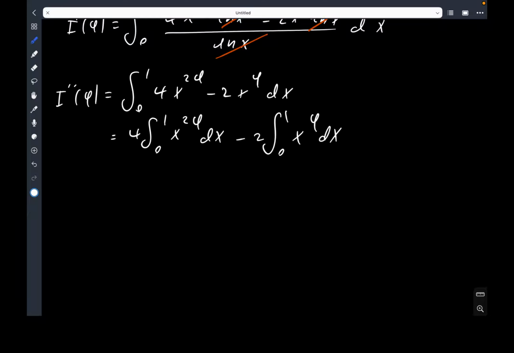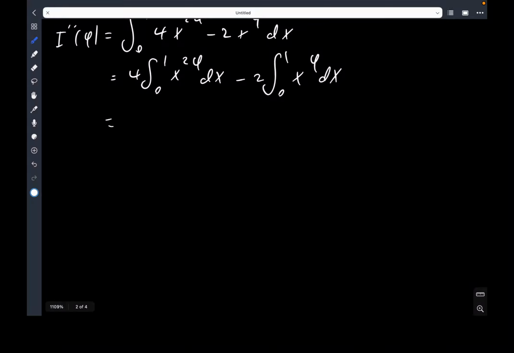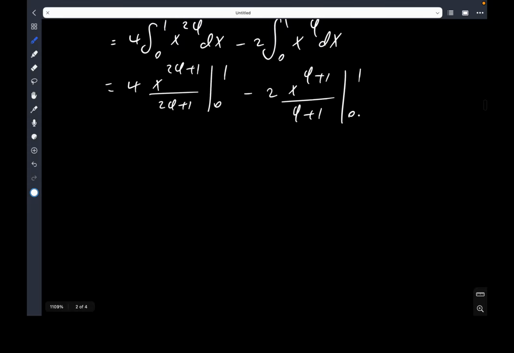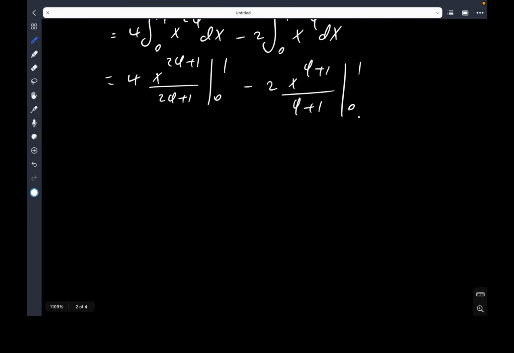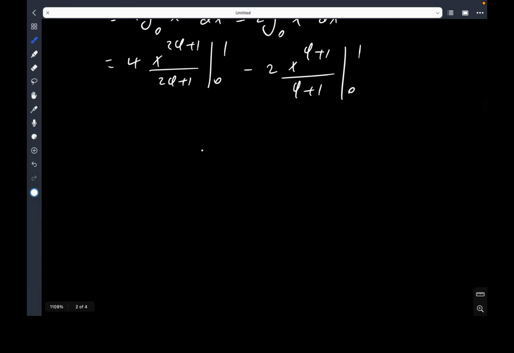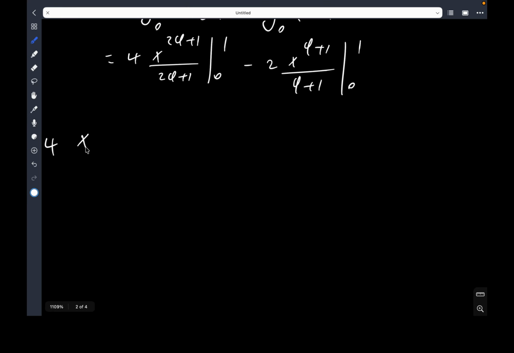Therefore I'm going to first split up this integral and then use the power rule to say 4x to the 2 phi plus 1 over 2 phi plus 1, the limit from 0 to 1, minus 2x to the phi plus 1 over phi plus 1, the limit from 0 to 1. I'm going to calculate the limit here for x to the 2 phi plus 1 over 2 phi plus 1 from 0 to 1.